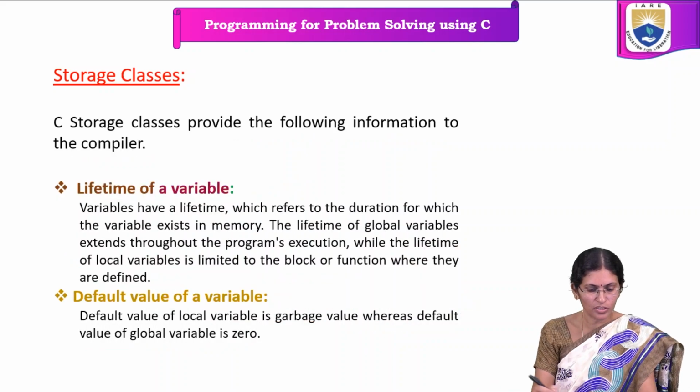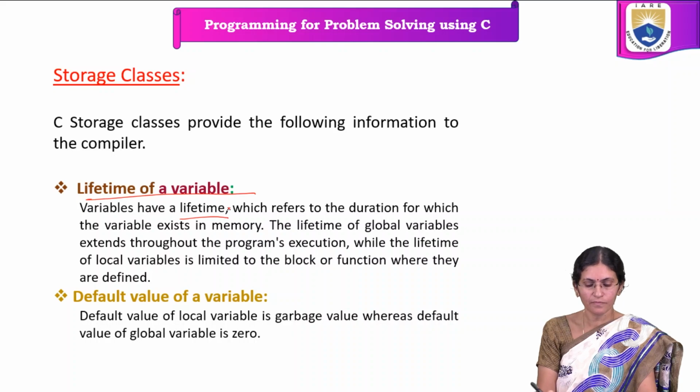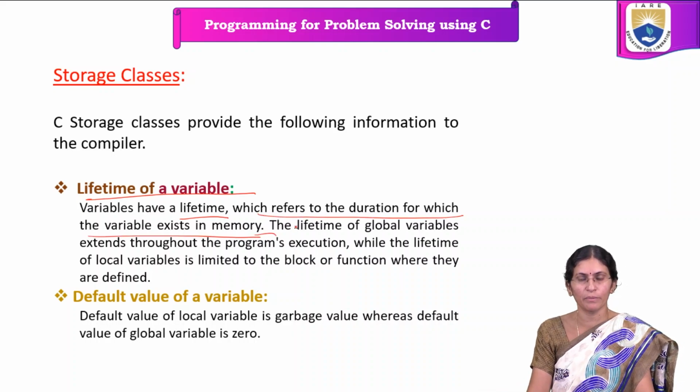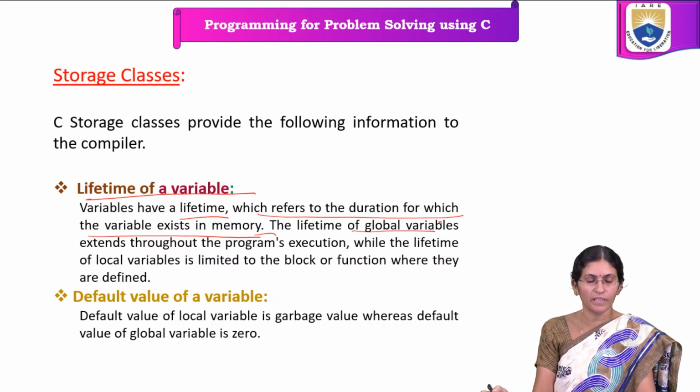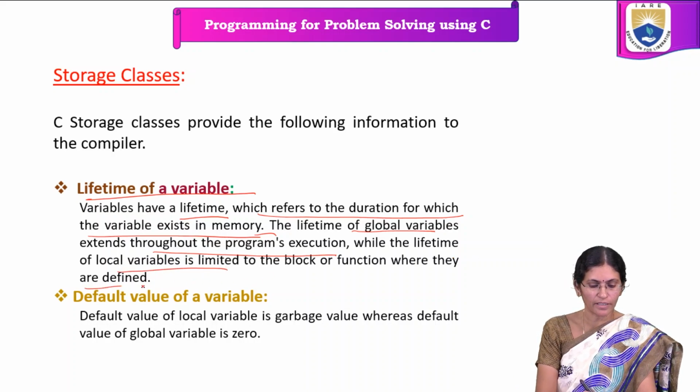Next, another feature of a variable provided by storage class is the lifetime of a variable. Variables have a lifetime, which refers to the duration for which the variable exists in the memory. The lifetime of global variables extends throughout the program execution, whereas the lifetime of a local variable is limited to the block or function where it is defined.